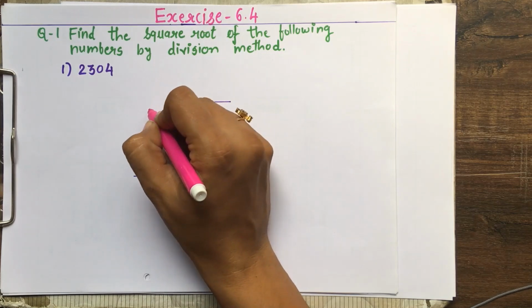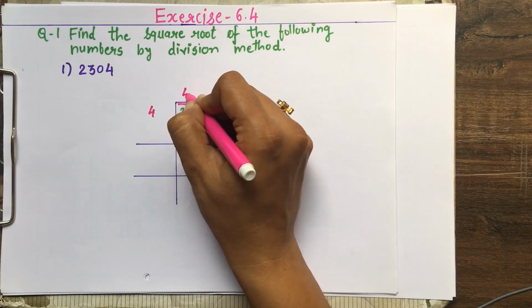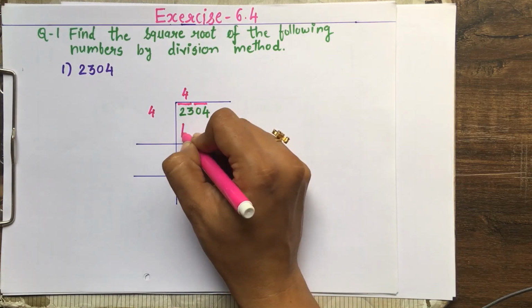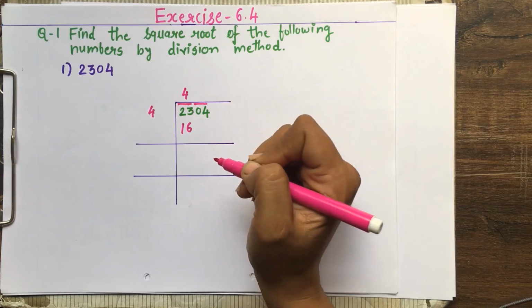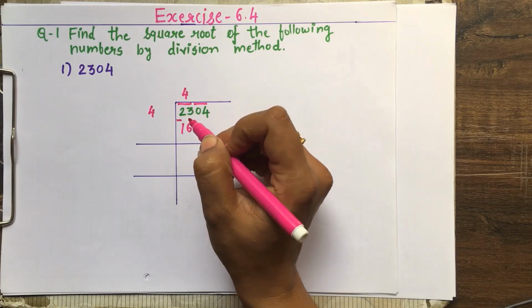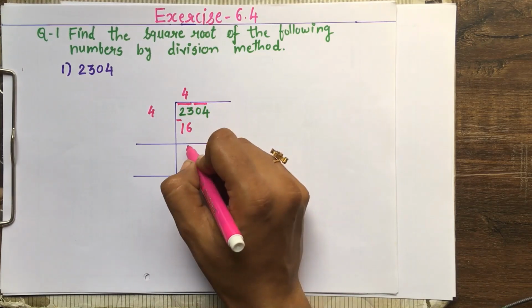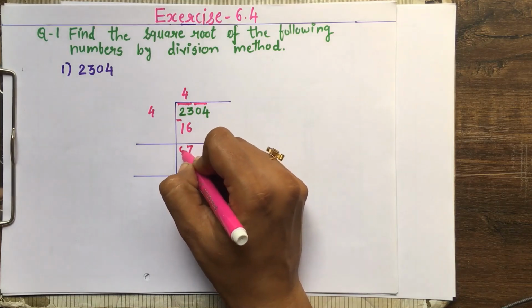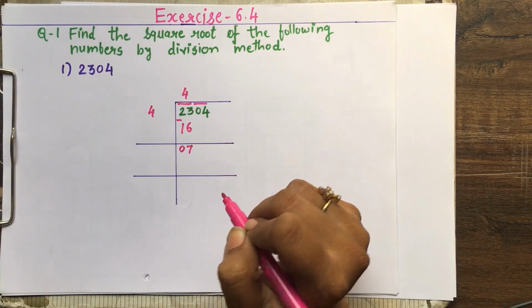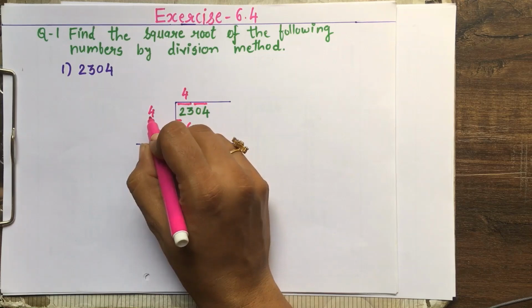So starting with number 4, I'll write 4 over here and 4 over here because 4 4s are 16. Then I'll write 16 over here. And then I have to take the subtraction of 23 and 16. So it will be 7. This is the first step. Now next step is, here I have taken 4.